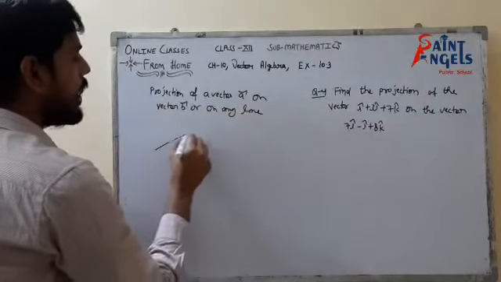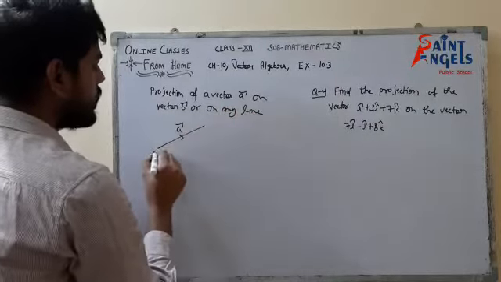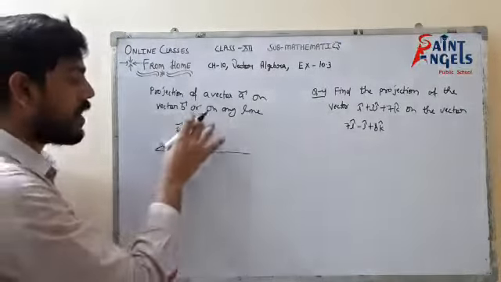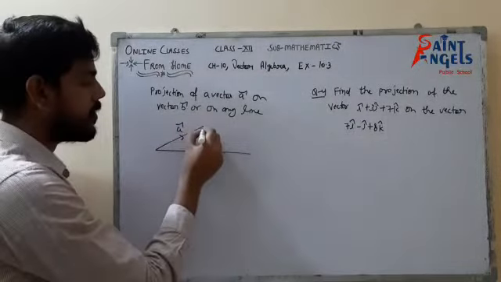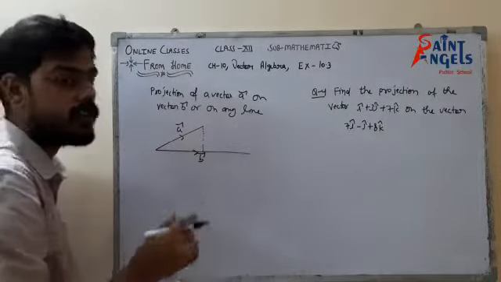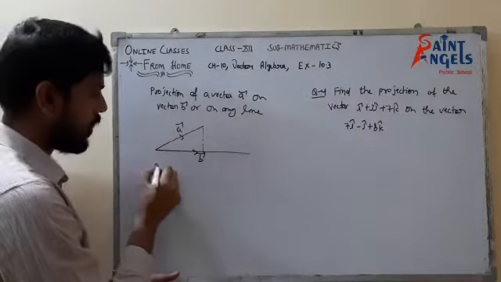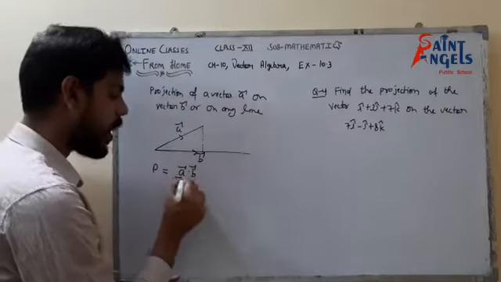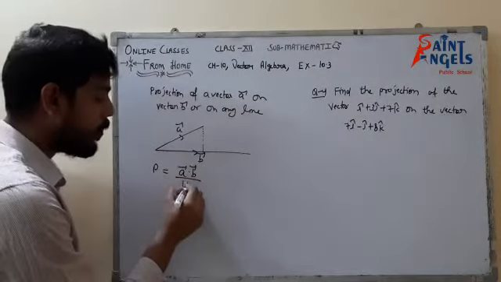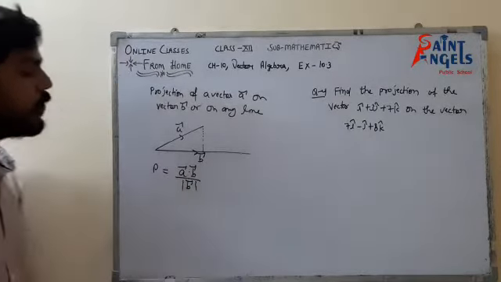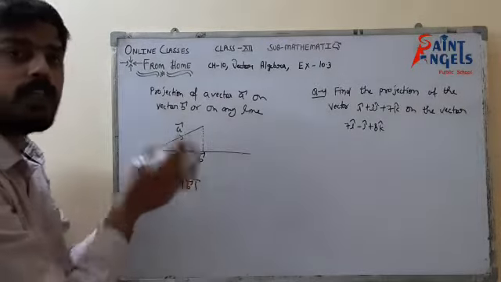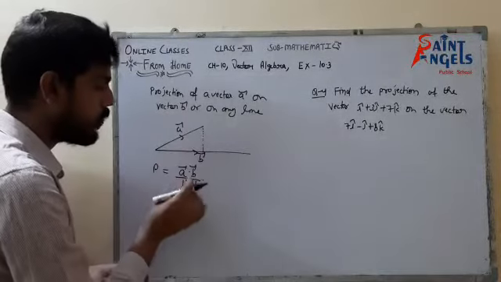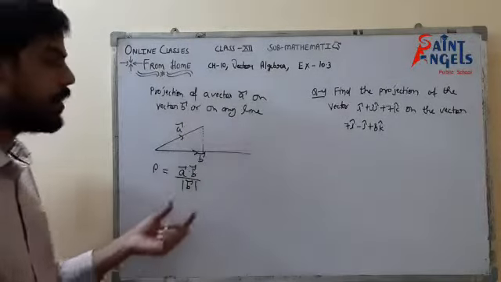Suppose I have this vector A and this is any line in the direction of vector B. Then the projection of vector A on vector B, it means this length, would be equal to A vector dot B vector upon magnitude of vector B. So we take the magnitude of that vector on which the projection is being made. The projection is being made on vector B, so we'll take the magnitude of vector B in the denominator.